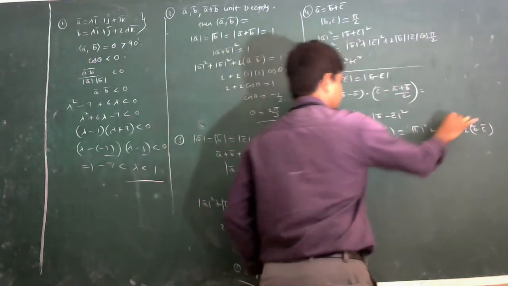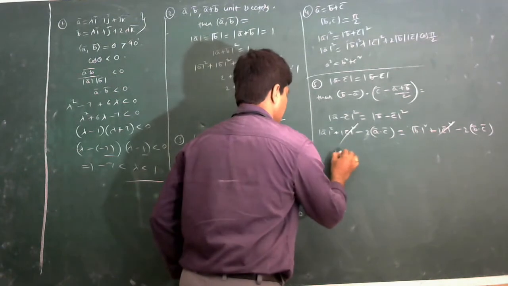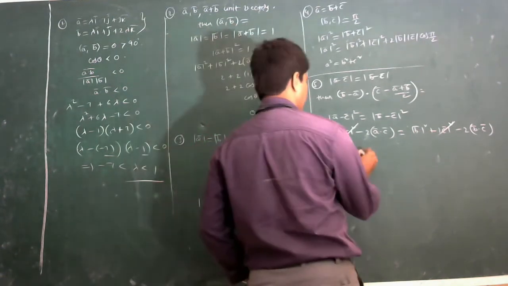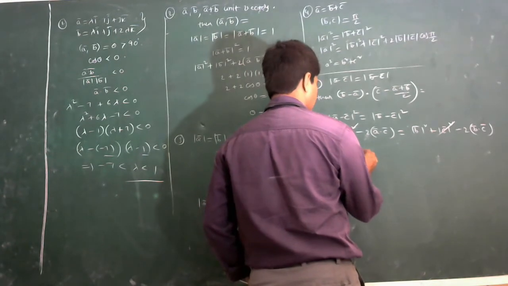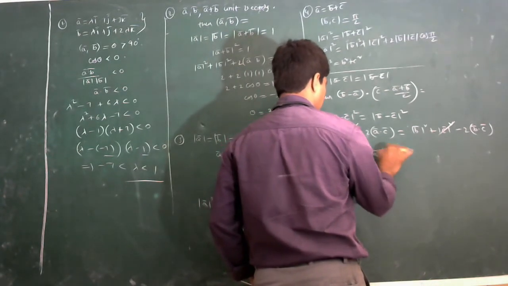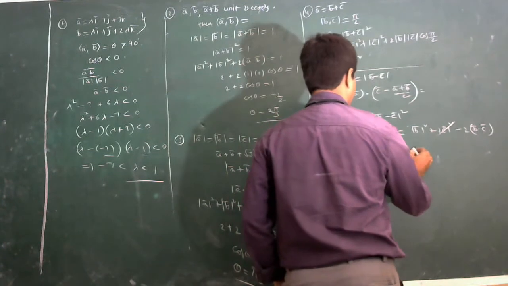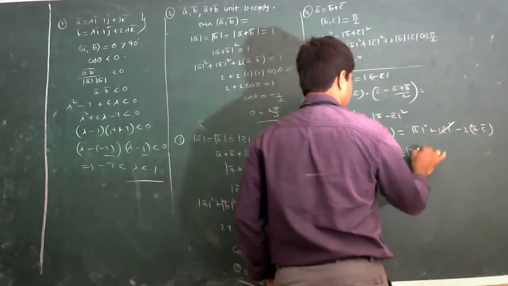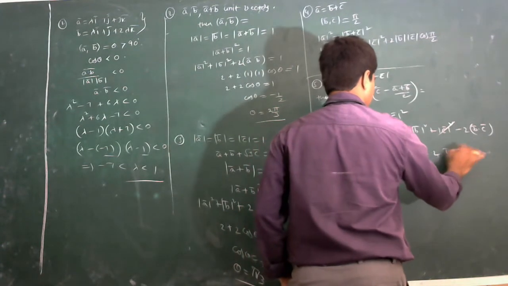Mod C square gets cancelled. So what is remaining here? This is mod A square minus 2 into A bar dot C bar is equal to mod B square minus 2 into B bar dot C bar.